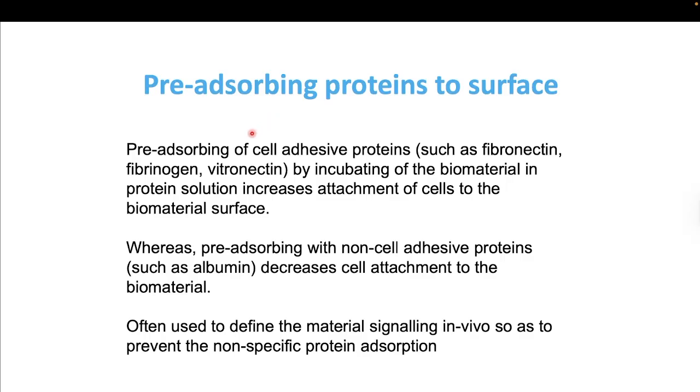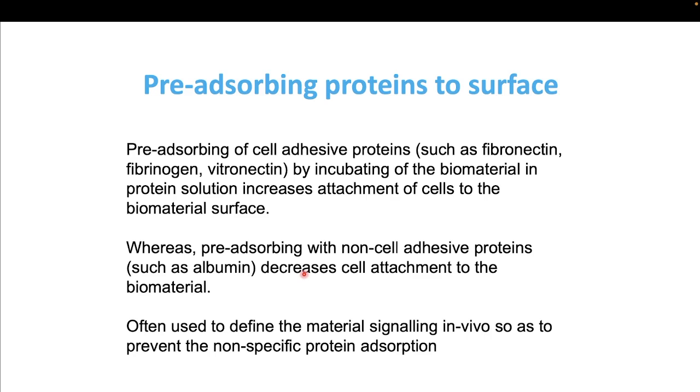So in that case, to increase this particular property, what we can do is pre-absorb cell adhesive proteins, two examples of which are fibronectin and collagen, to the biomaterial to increase the attachment of cells to the biomaterial surface. And in case we don't want this attachment to happen, there are other examples of proteins which are non-cell adhesive. They don't let cells attach to the surface. They'll try decreasing this attachment of cells to the surface. So one such example is albumin.